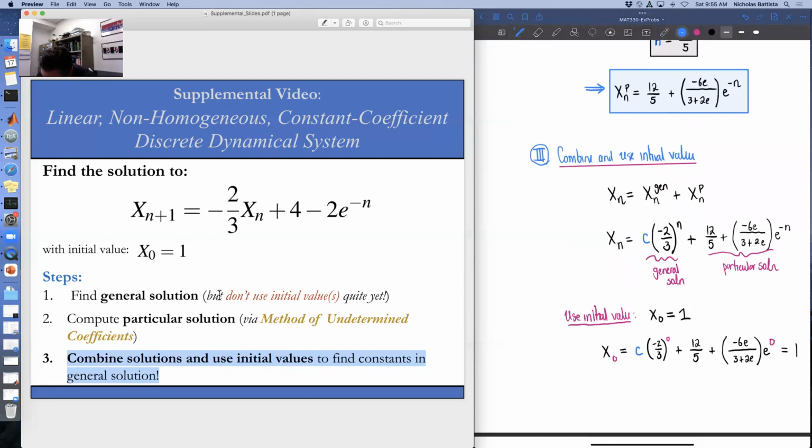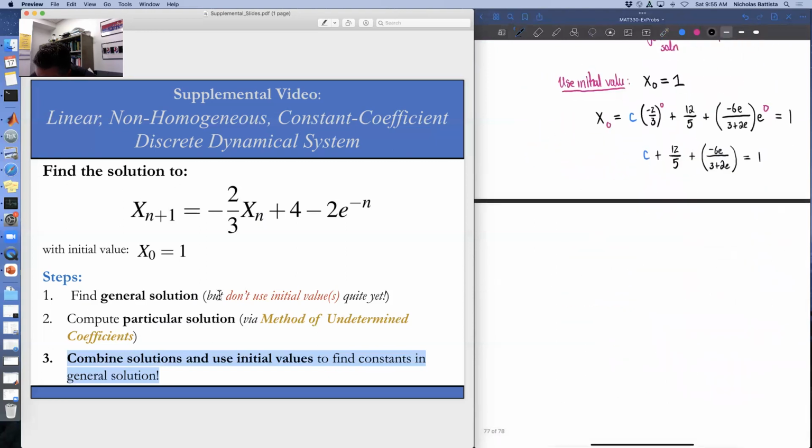What we have is c plus 12 over 5 plus this additional constant minus 6e all over 3 plus 2e, and we need to solve for, you guessed it, what c is. So we get that c is equal to 1 minus 12 over 5 plus 6e all over 3 plus 2e.